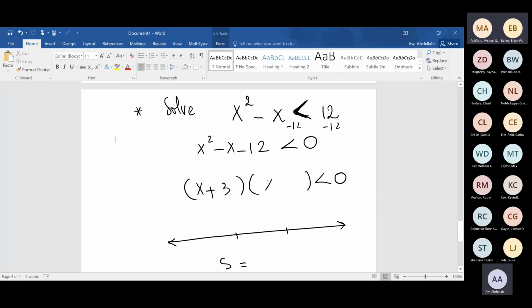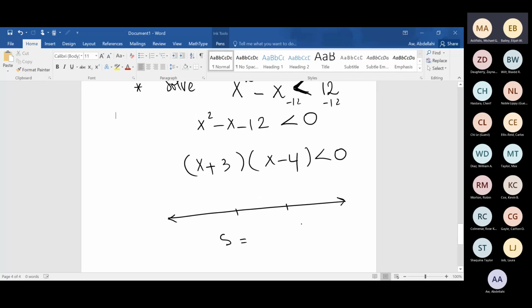Thank you very much. And then your zeros are minus 3 and positive 4, and then I believe you put the set as from negative infinity to -3, -3 to 4, and then 4 to infinity, with the union symbol in between them all.